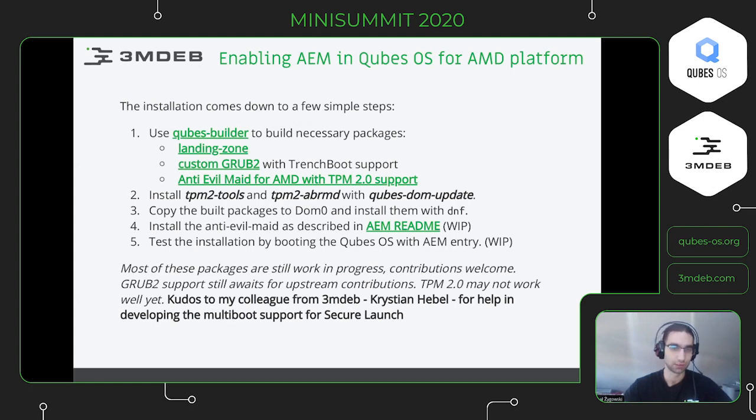GRUB2 in this whole stack is responsible for preparing the platform to invoke the SKINIT execution, place the landing zone in the correct location, and initialize the registers as the development guide from AMD suggests.